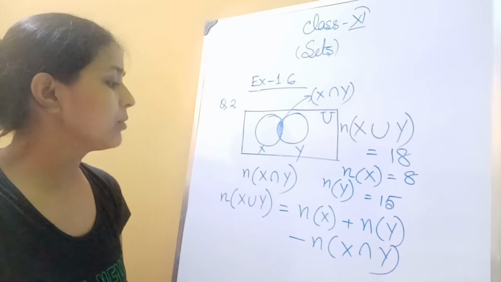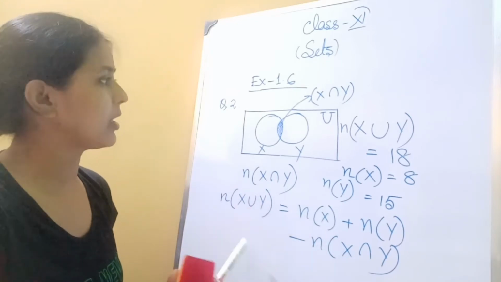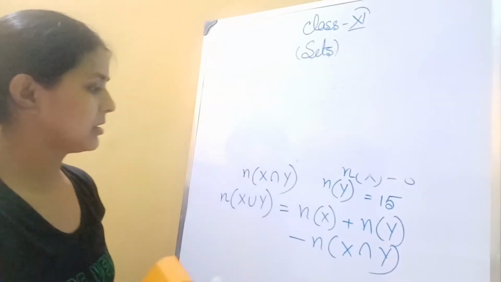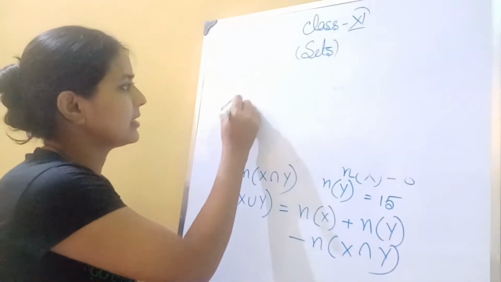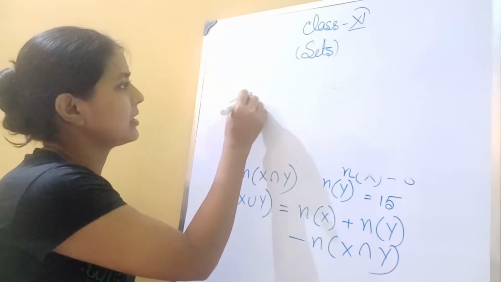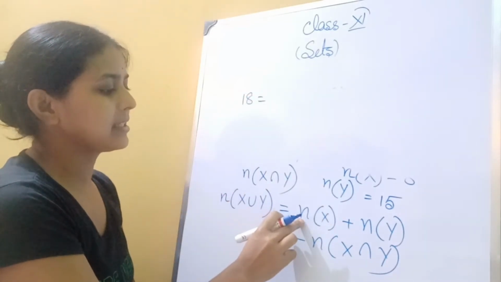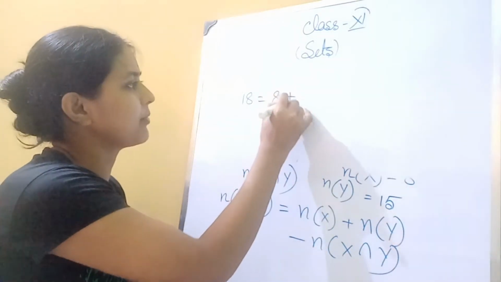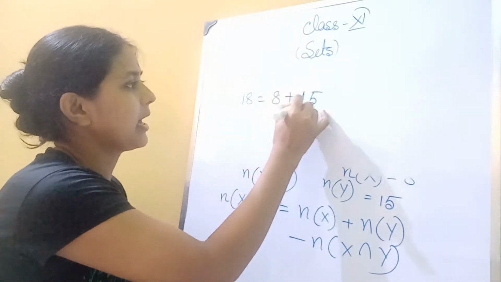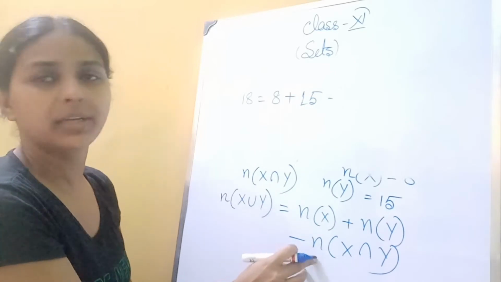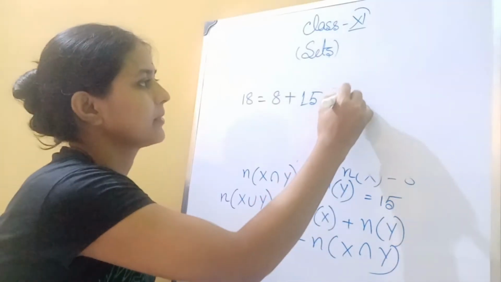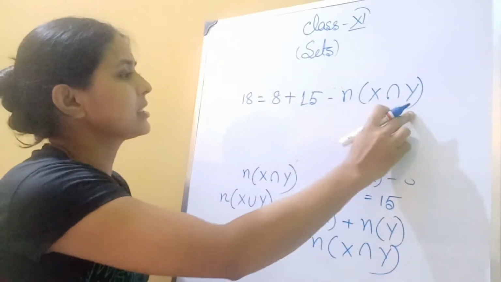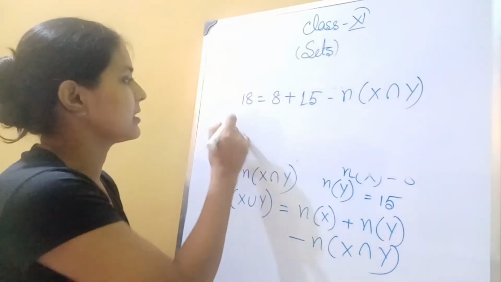Okay, now from this formula, we can directly write that this one is 18. It is given in the question. n of X is given as 8. n of Y is given as 15. And we need to find n of X intersection Y. So this is unknown, we are keeping it like this.